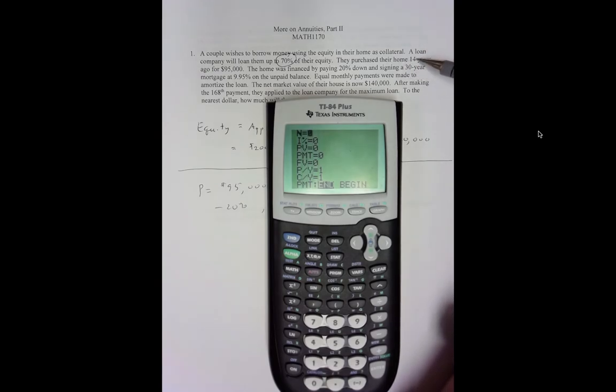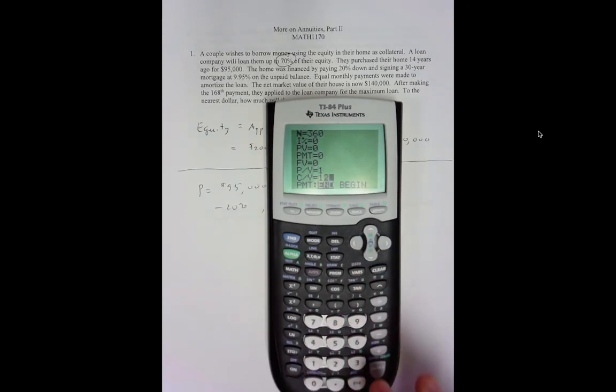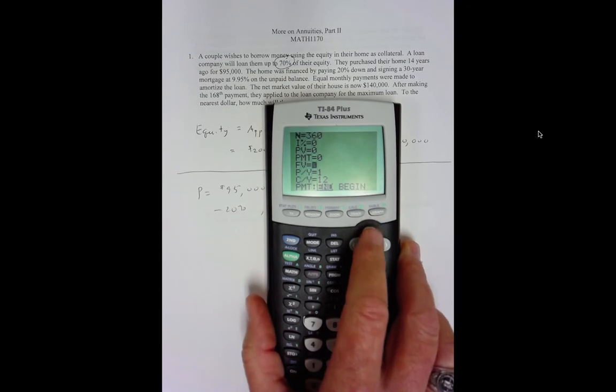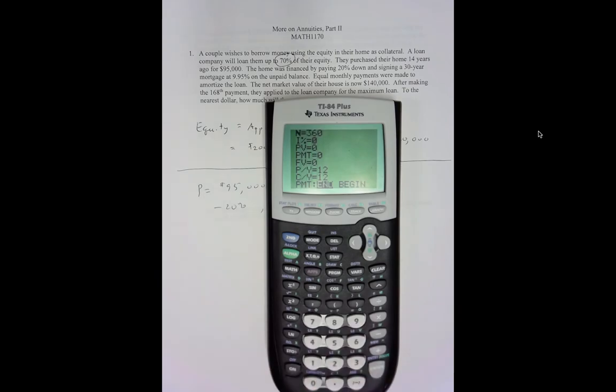Granted, this was 14 years ago, but for us to set up the payment, we need to work from the original agreement with the bank, which is based on 30 years. So we're going to have 30 times 12. And again, I like to go ahead down here and just set up the 12 while I'm thinking about it. The interest rate is 9.95.